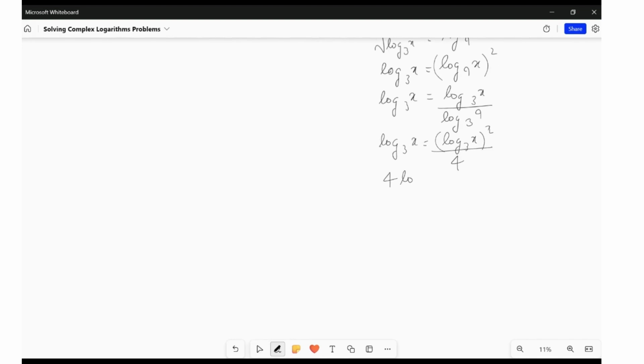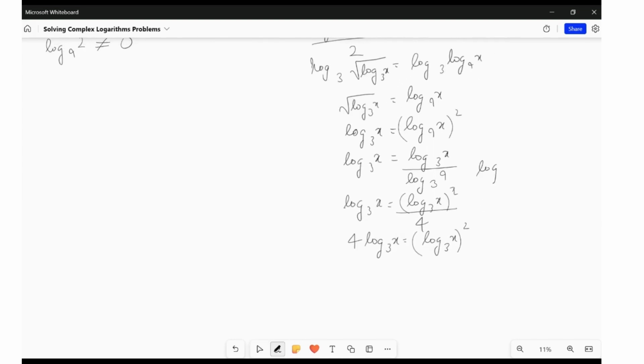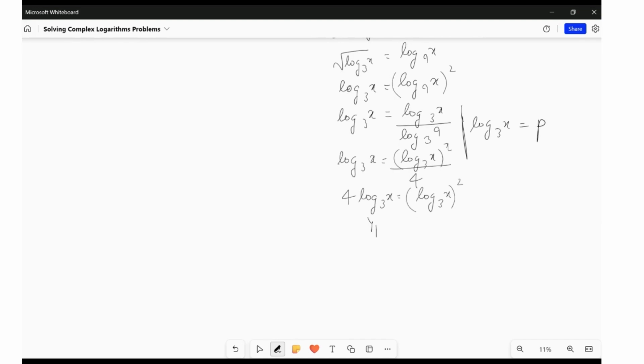Now 4 log x base 3 is log x base 3 whole square. Now we can take log x base 3 is equal to p. So it becomes 4p is equal to p square.